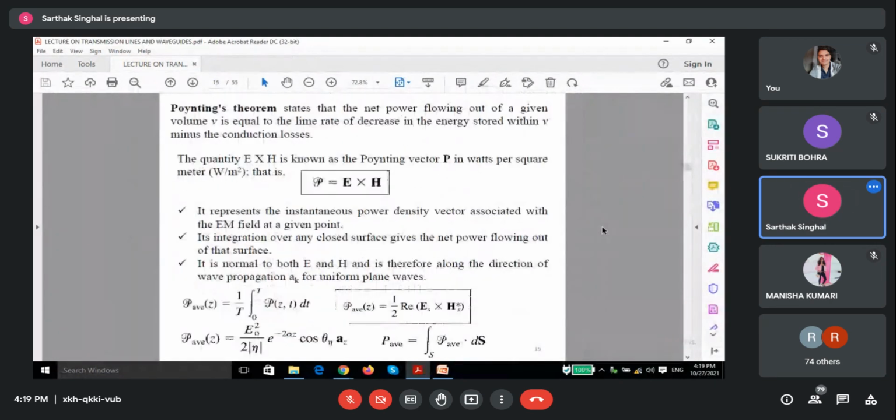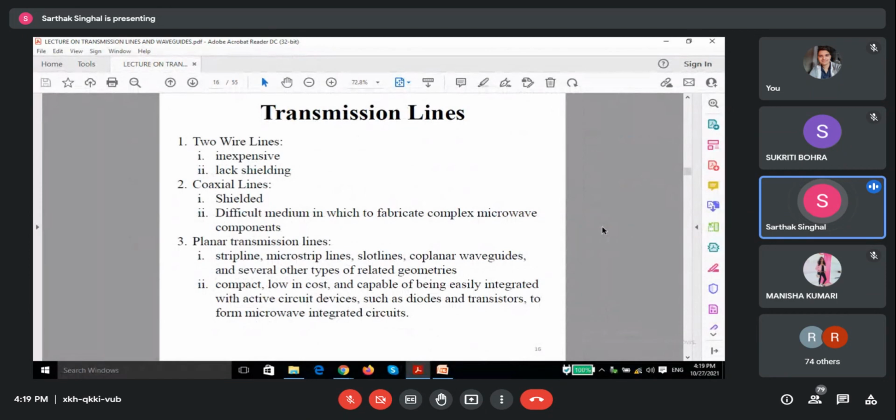So till now we talked about the transmission lines which were inexpensive and there was no shielding, right? So simply two conducting wires you have taken, and you have started the transmission of signals from one end to another end.